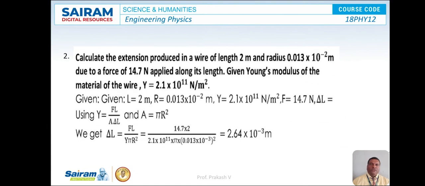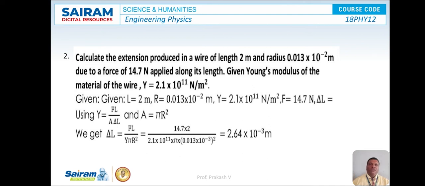length 2 meter. The second problem is: calculate the extension produced in a wire of length 2 meter and of radius 0.013 into 10 to the power of minus 2 meter due to a force of 14.7 Newton applied along its length, given Young's modulus of the material of the wire, Y equal to 2.1 into 10 to the power of 11 Newton per meter square.